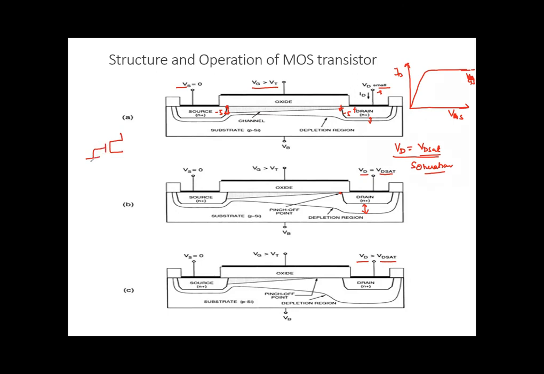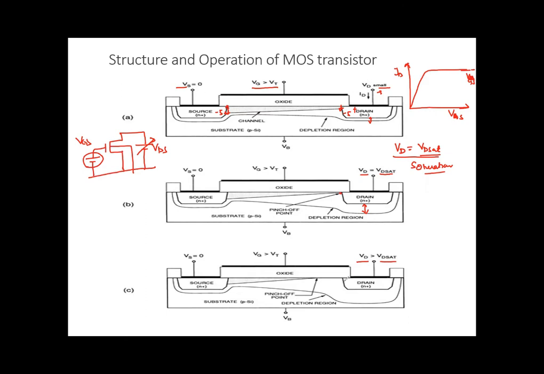This is your gate source voltage, and this is your drain source voltage. This is grounded. So this is your VDS. So we have fixed this VGS. You keep on changing this, but your current is not going to increase after a certain point. The moment at which your current starts to saturate is called the saturation point, and the point at which it happens is called the pinch off point.